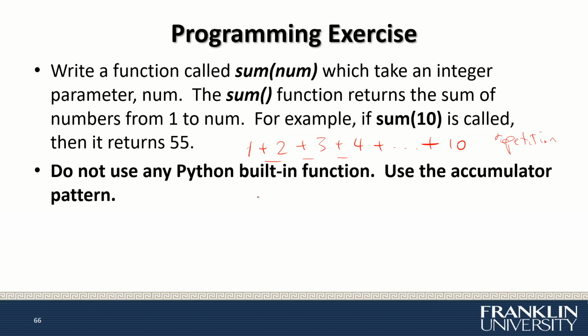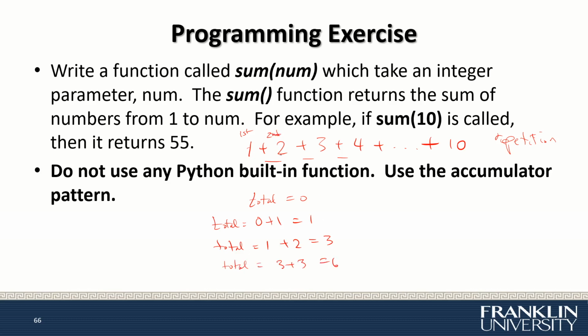So basically, if I have total set equal to 0, the first time through, I can do 0 plus 1, which is 1. Second time, total will be 1 plus 2, which equals 3. You can see that this is my first sum, this is my second sum. And then the next time through, 3 plus 3 is 6.